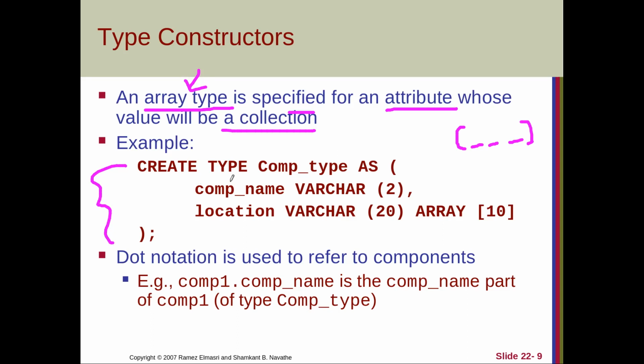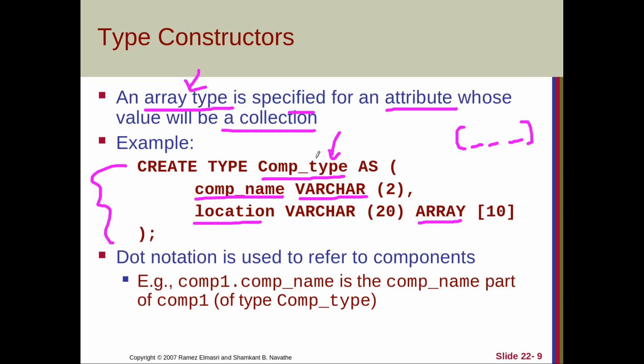CREATE TYPE company_type, for example, this is the name of the type, company_type AS. So this is also a row type. Within parentheses, I will provide company name VARCHAR of 20, comma, location VARCHAR of 20. Now we are going to specify this array along with location, ARRAY of 10.